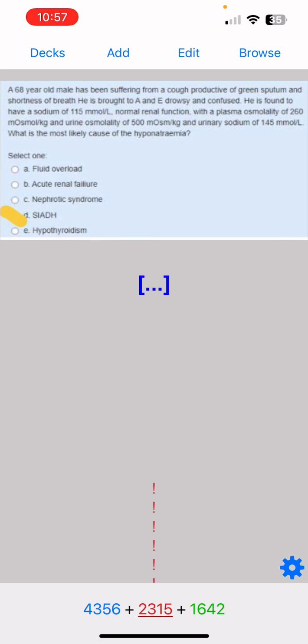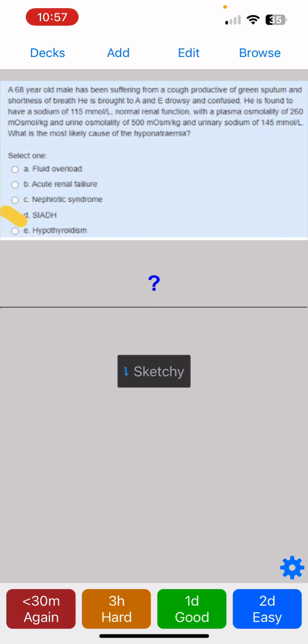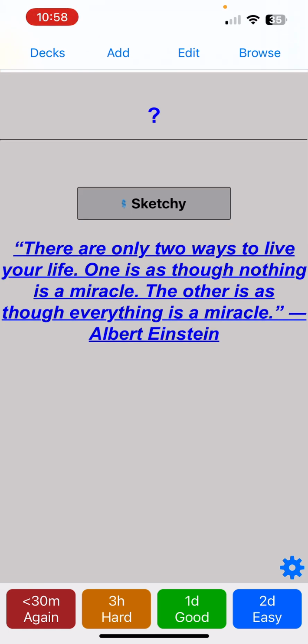He is found to have a sodium of 115, a normal renal function with plasma osmolality of 260. What is the most likely cause of the hyponatremia? Could be SIADH for real.